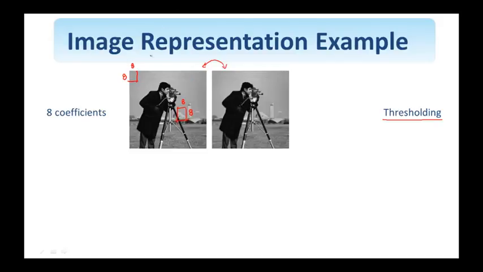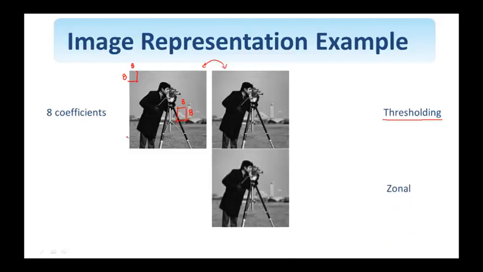We do the same experiment where now the location of the 8 coefficients are based on this zonal description. So if this is an 8 by 8 block in the discrete cosine domain, then we keep the 8 coefficients that are closest to the DC, so the 8 low frequency coefficients.